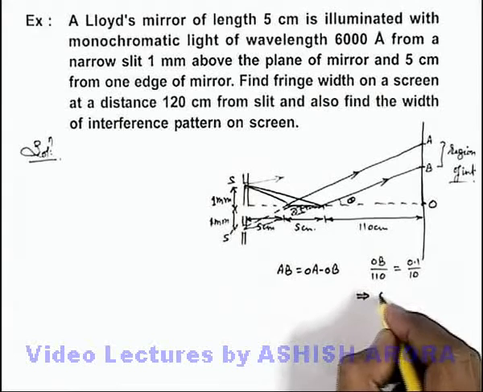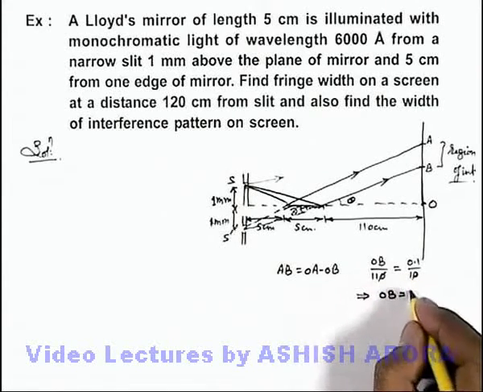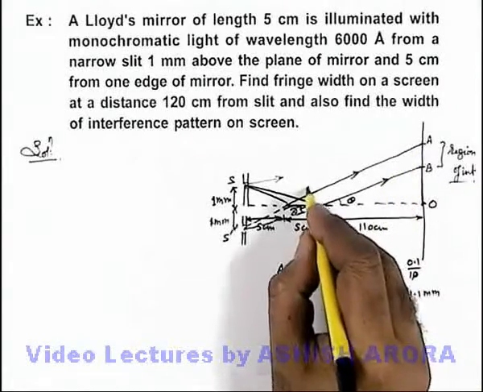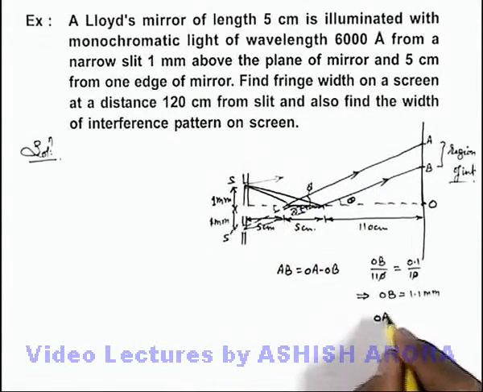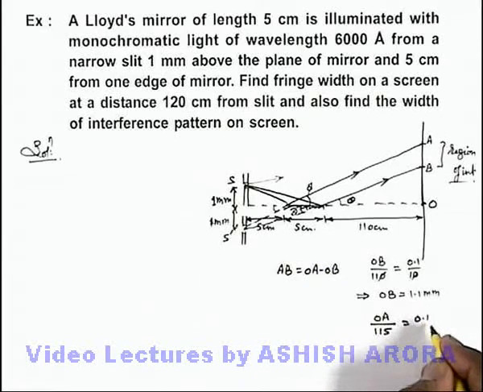Which implies the value of OB we are getting is 1.1 mm. Similarly, in this triangle, if this angle is taken as phi and this also phi, we can write with similarity of triangles OA divided by 115 is equal to 0.1 divided by 5 centimeter, and if you simplify this, OA will be equal to 11.5 by 5, that is 2.3 centimeter.